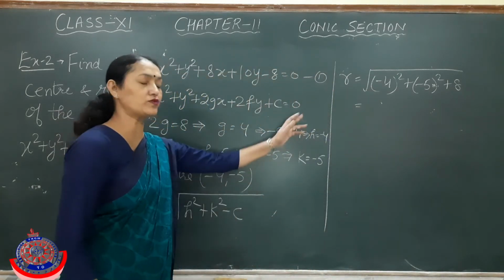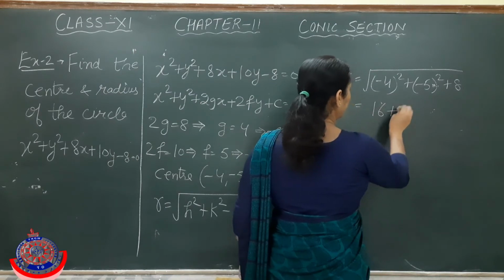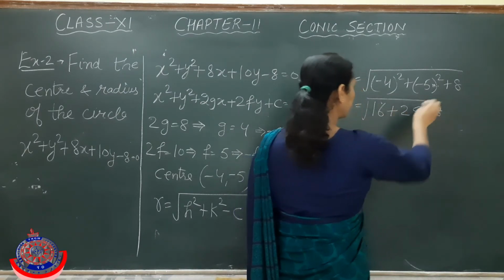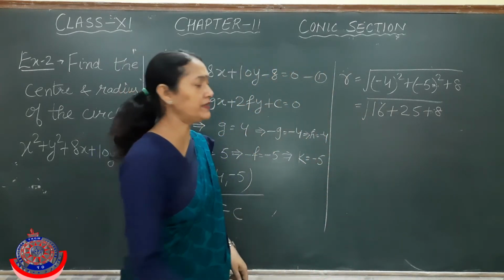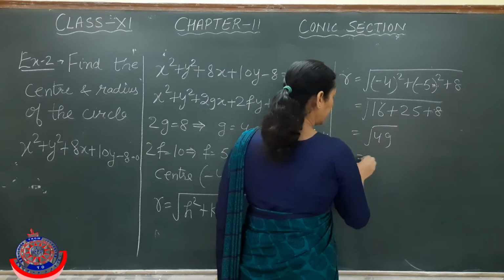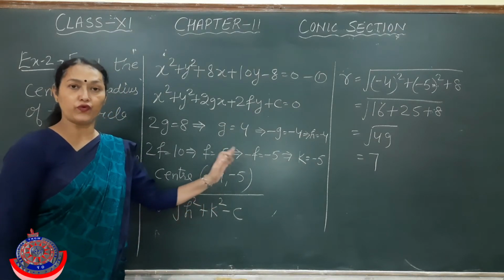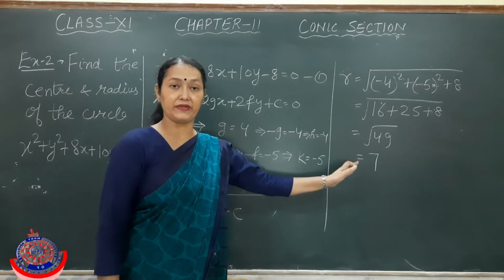Just inserting the values of h, k and c, 16 plus 25 plus 8. By adding all these, we will be getting 49. Under root 49 means 7. So what we have obtained? Center of the circle is (minus 4, minus 5), and radius of the circle is 7.